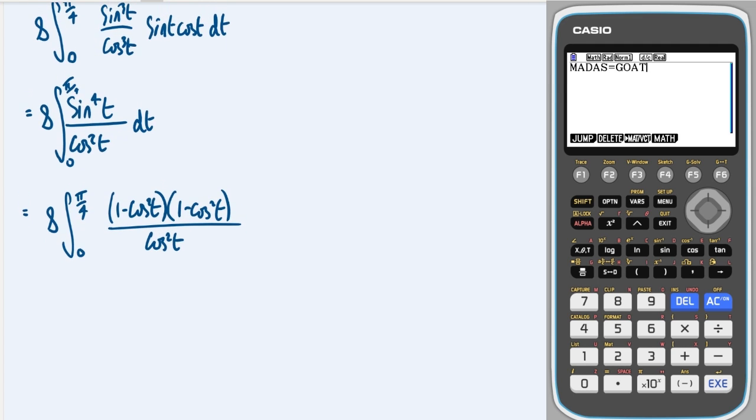Okay, great. I'm pretty confident this is going to work. And this is going to give me 1 minus 2 cos squared t plus cos to the 4 t over cos squared t.